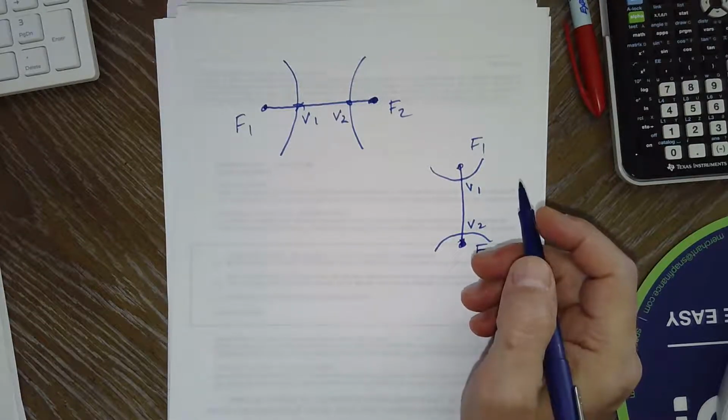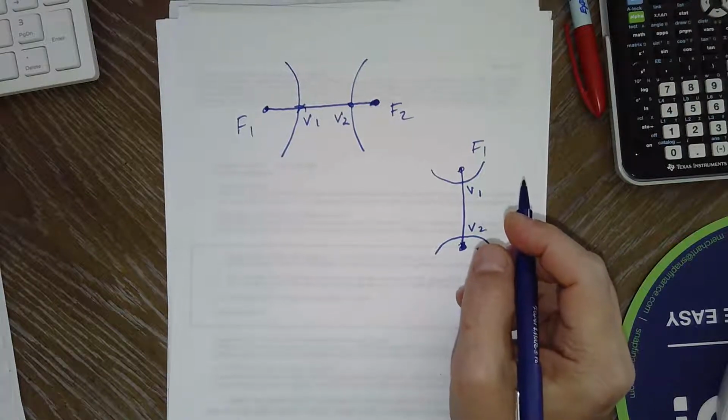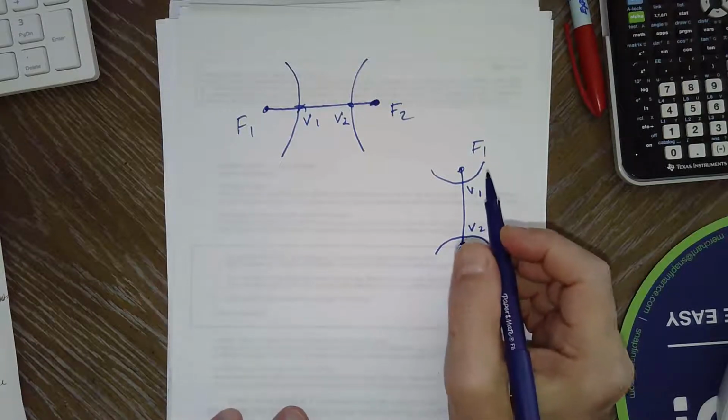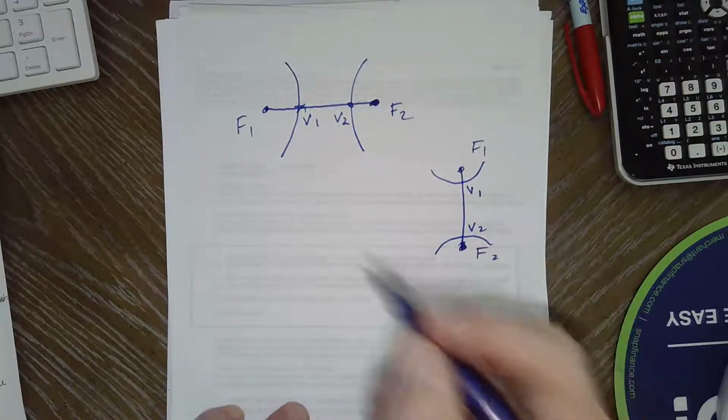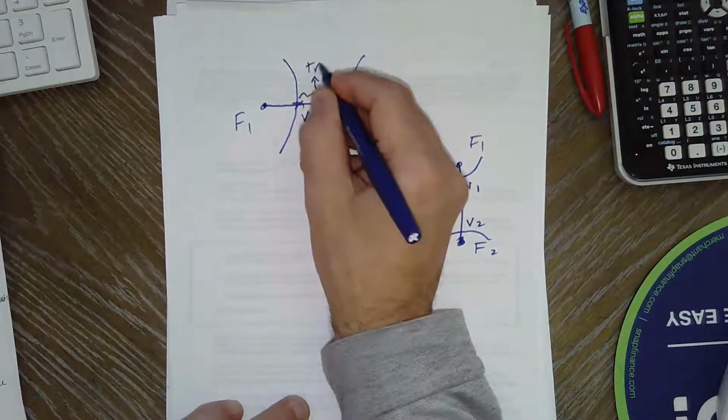There's a transverse axis and a conjugate axis. The transverse axis is the line segment connecting the two vertices, of length 2a.